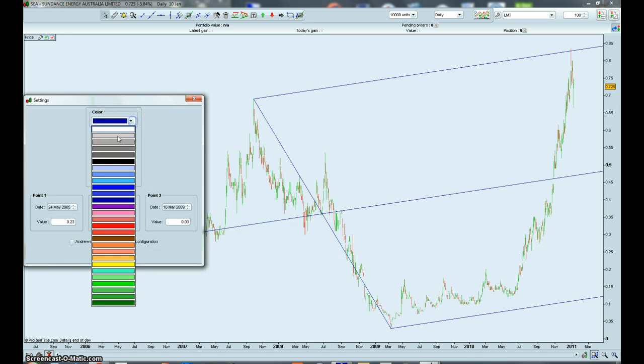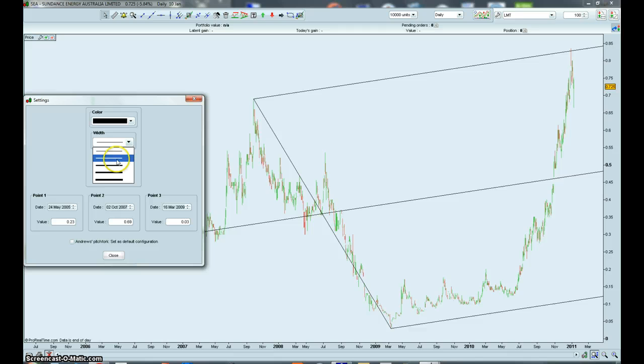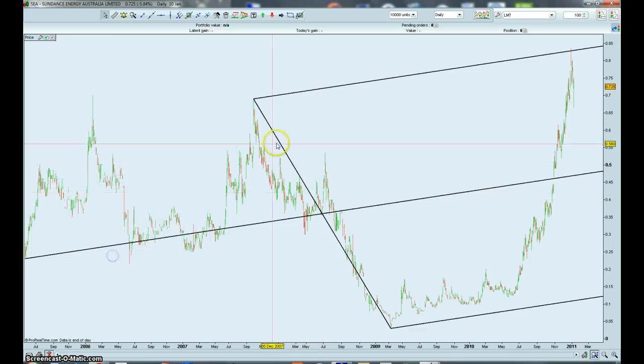Let's make that a nice thick black line. There we go. And all an Andrews pitchfork is, is basically trying to catch the median line. You're trying to catch these pivots where the price has pivoted or reverted back to.